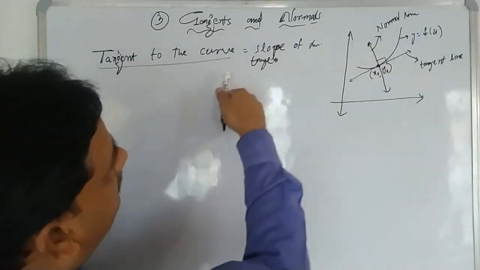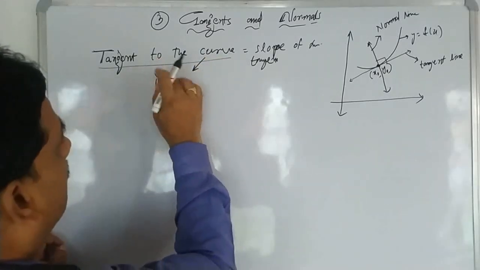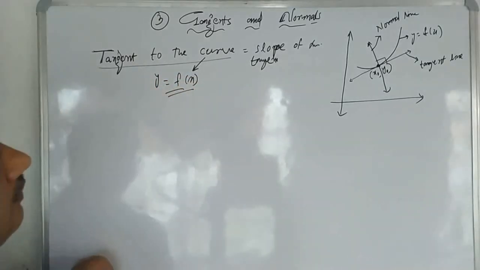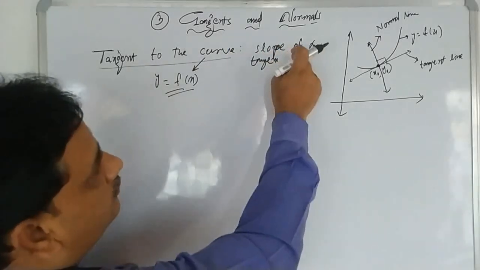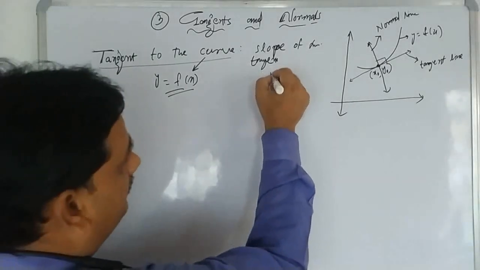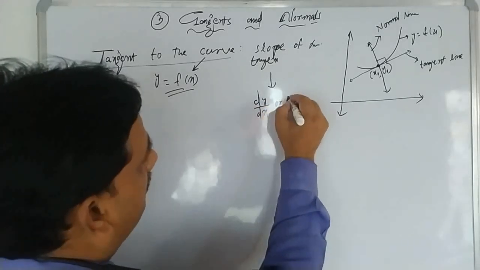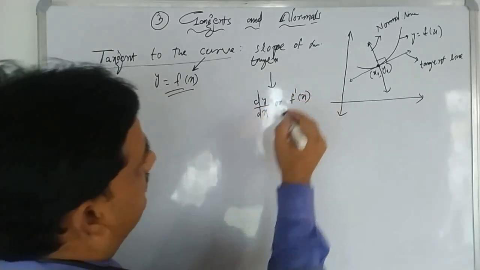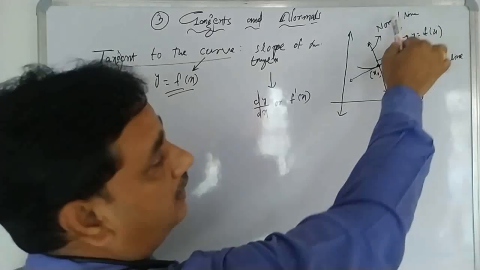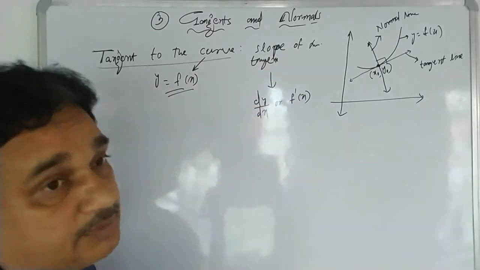The equation of the curve is given as y is equal to f of x. Then, what is the slope of the tangent? Slope is nothing but dy by dx or f dash x. So f of x is the function given for the curve, then f dash x is the slope of the tangent.